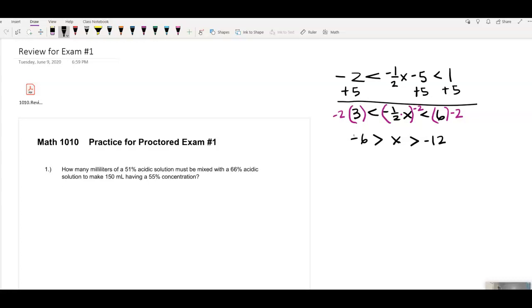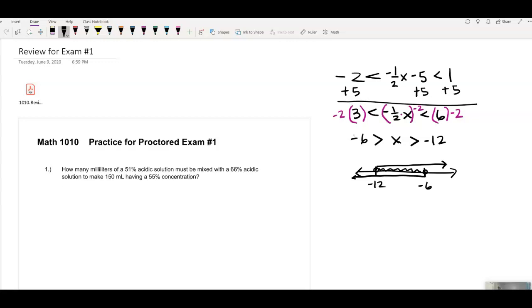And then how does it ask for the answer to be written? It says it wants it in interval notation. Okay, and so when you're looking at this on a number line, x is greater than negative 12, so that's here and to the right, and then x is less than negative 6, so that's here and to the left, so it's going to be the stuff in between.